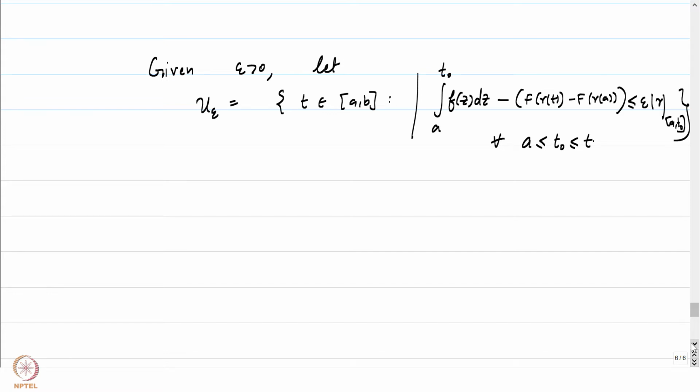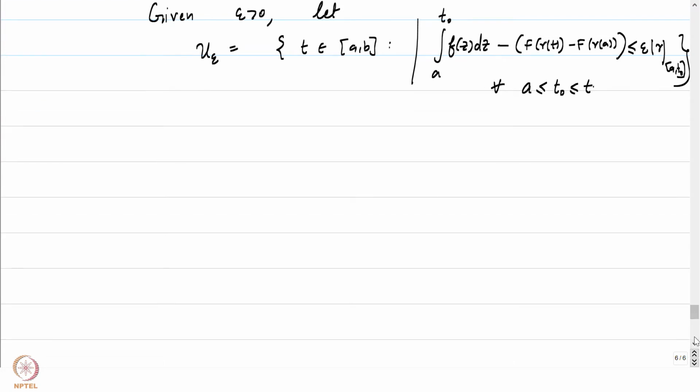And our choice of epsilon is arbitrary, and because of that we will be able to get that the integral from a to b of f(z) dz and f of gamma of b minus f of gamma of a are arbitrarily close, and then we would be done. So it is enough to show that U epsilon is both open and closed.